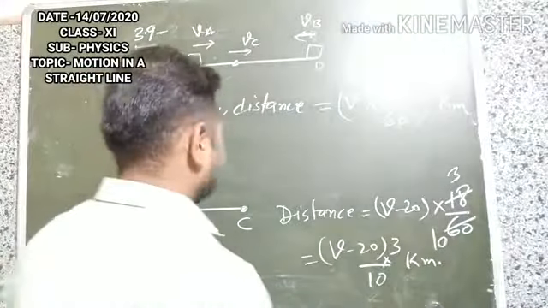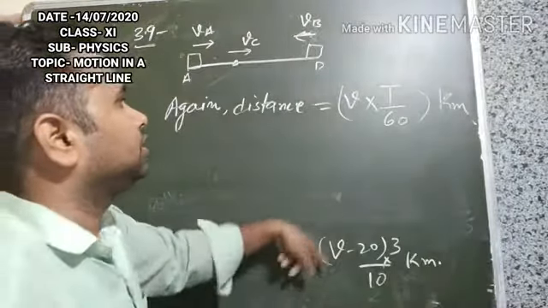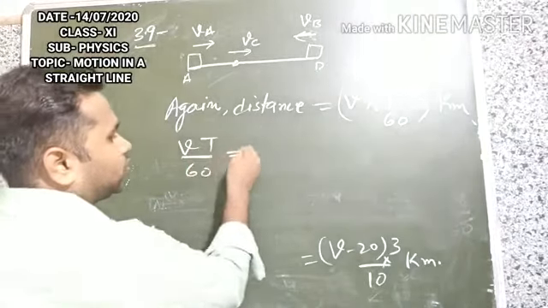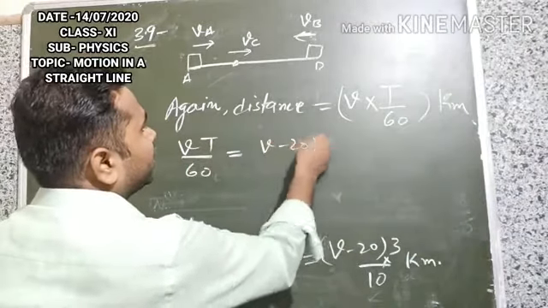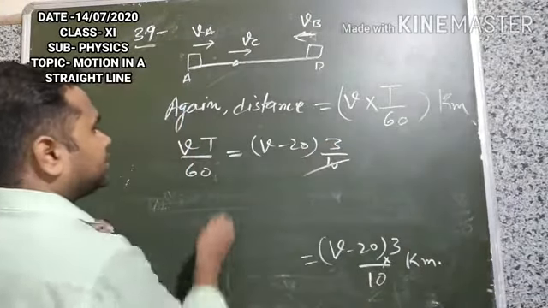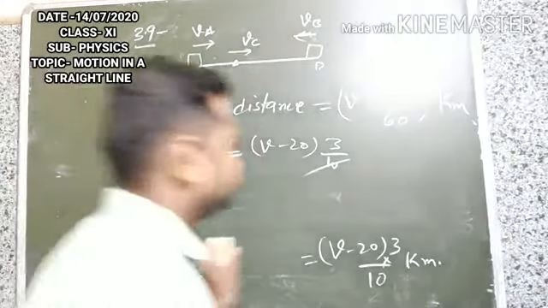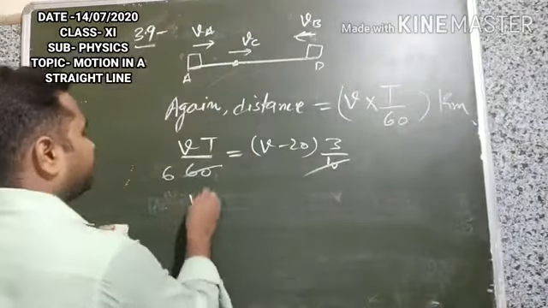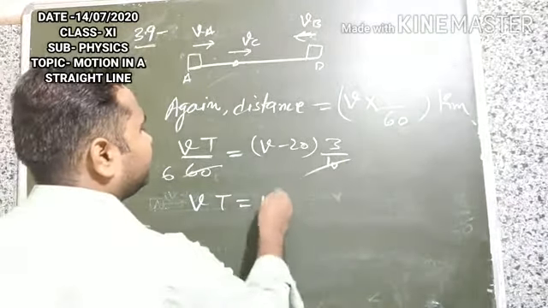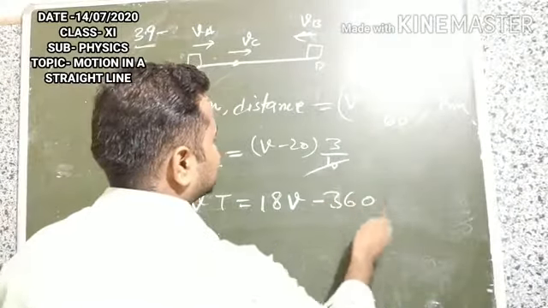So now equating these two, we have Vt by 60 equals V minus 20 into 3 by 10, or you can cancel 10 into the 60, 6 times. So finally Vt equals 6 multiplied by 3, 18V minus 18 into 20, 360.